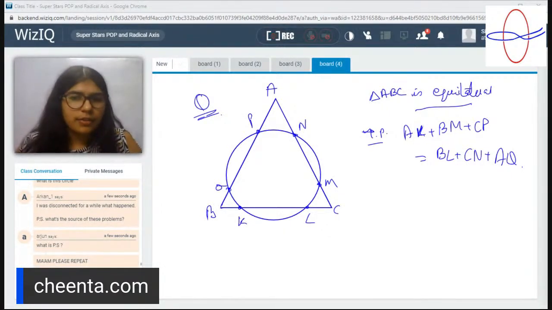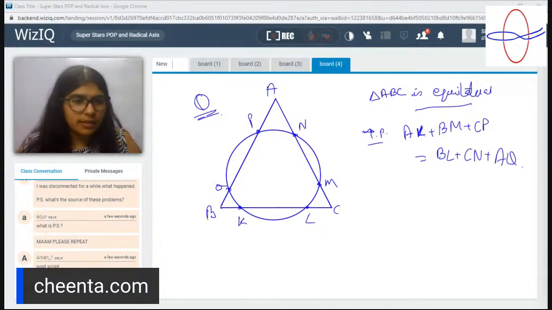This is the problem. You have triangle ABC. The circle intersects each of the sides twice, without any extensions, and the points K, L, M, N, P, Q are in the order as given. You have to prove that AK plus BM plus CP equals BL plus CN plus AQ.